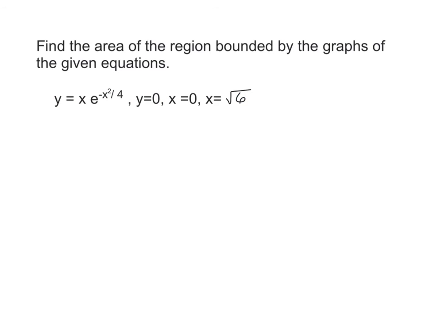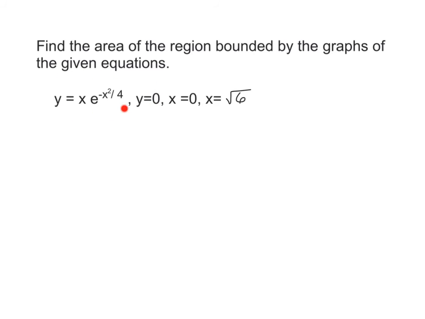So here's the same. This is an integral problem, but this is the one that threw a lot of us on the last test, just because of the way it was written. All right, it says find the area of the region bounded by the graphs of the given equations. So y equals x times e to the negative x squared divided by 4. Y equals 0 is the x-axis.